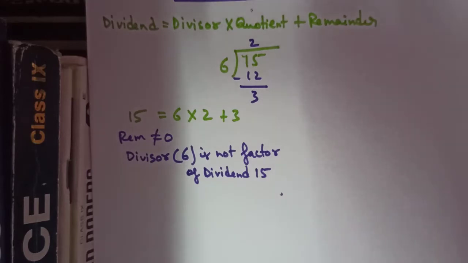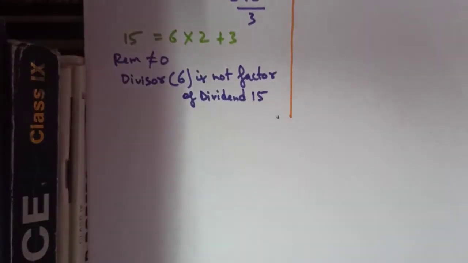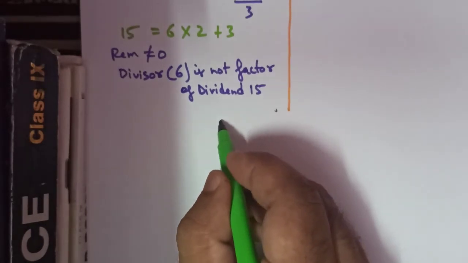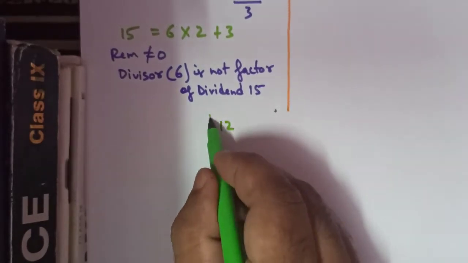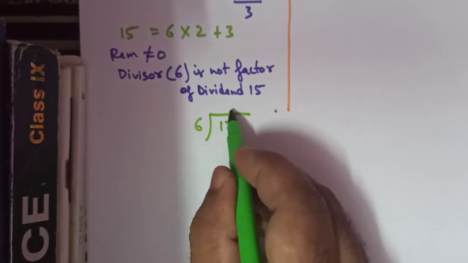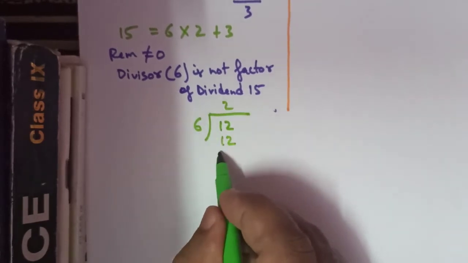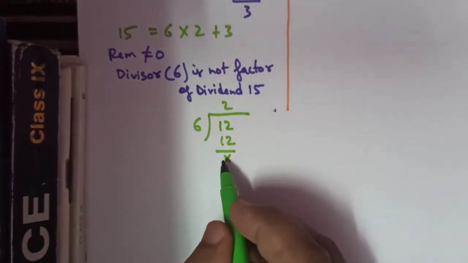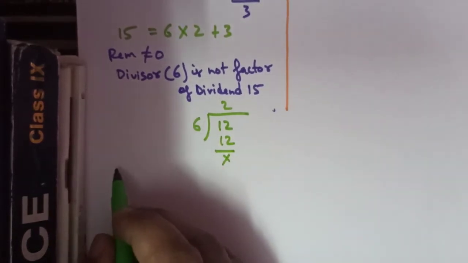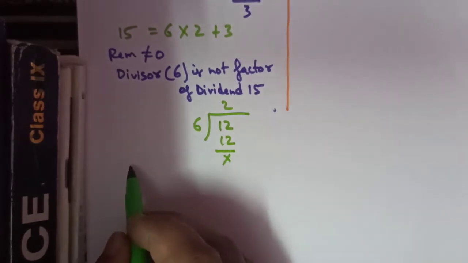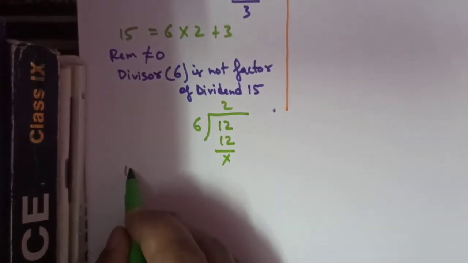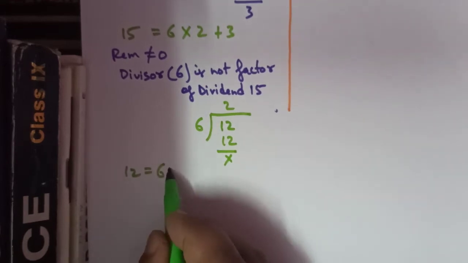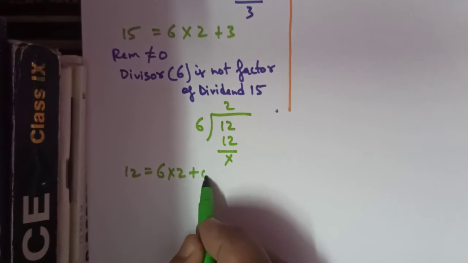Now suppose I take the dividend as 12. If 12 is divided by 6, then 6 twos are 12, and this will cancel out. So we are getting the remainder equal to 0. Now this equation can be written as dividend 12, divisor 6 only, quotient 2 only, and the remainder is 0.